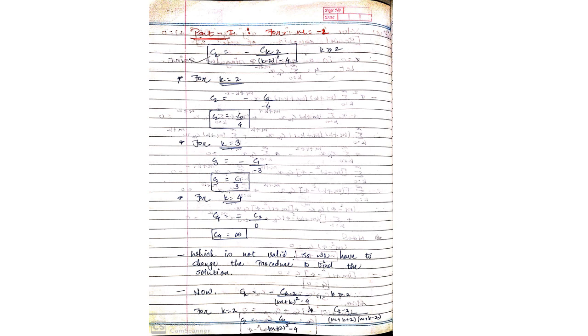Applying k equals to 2, c2 will be minus c0 upon minus 4, so finally c2 will be c0 by 4. Same for k equals to 3, c3 equals to c1 by 3. Same for k equals to 4, c4 we are getting infinite.